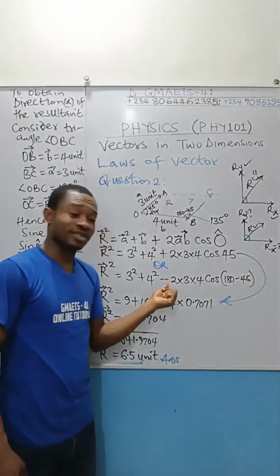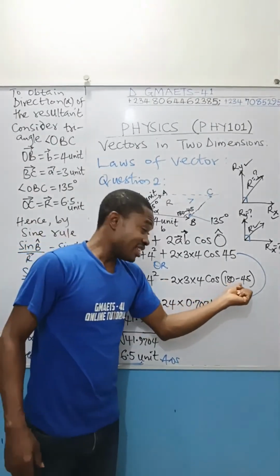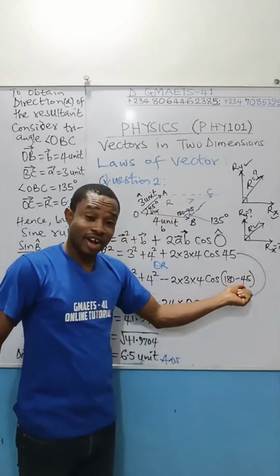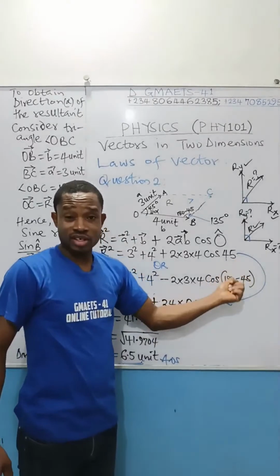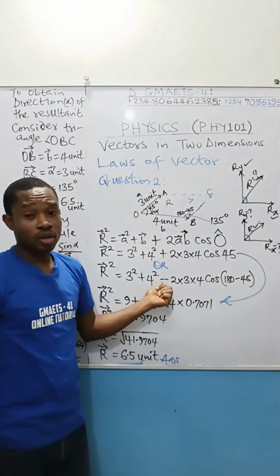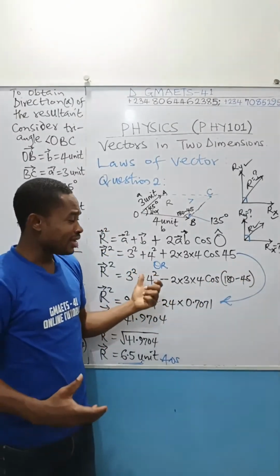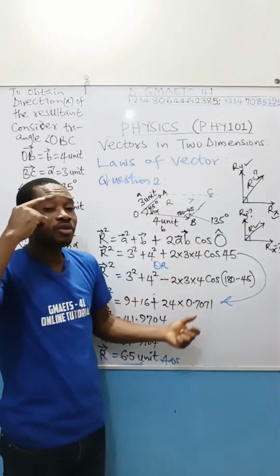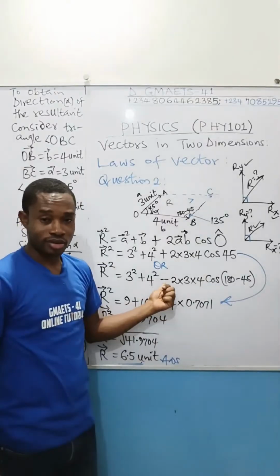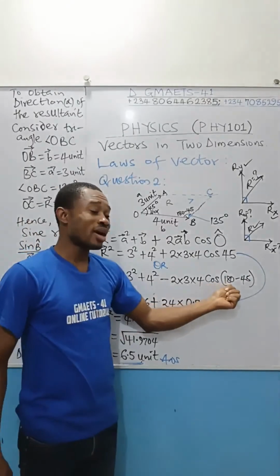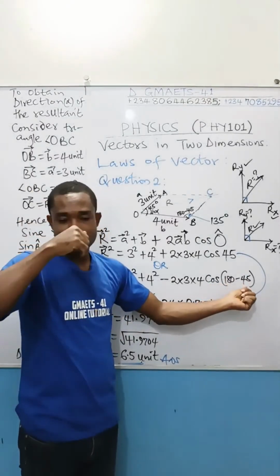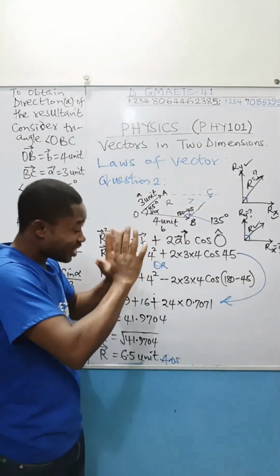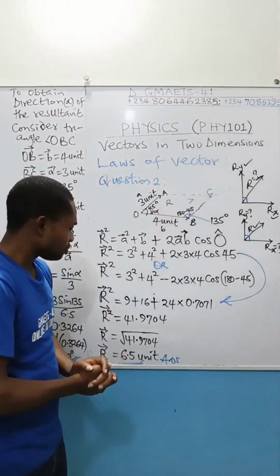Whenever you're using this minus, if you are given 135, for example, no need of doing 180 minus 135. Just fix the 135 directly because it is obtuse. Then you maintain this minus. But whereby you are using an acute angle, if they give you an acute angle, and the formula you remember is this one with minus, remember that this will be 180 minus that acute angle. So we learned that concept so that we will be careful when solving questions on this.